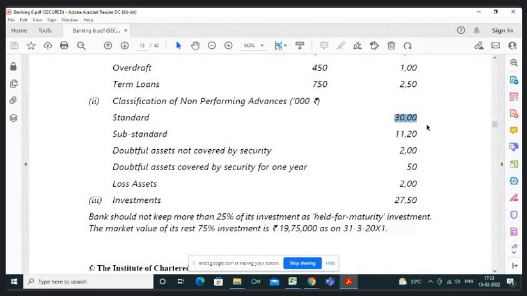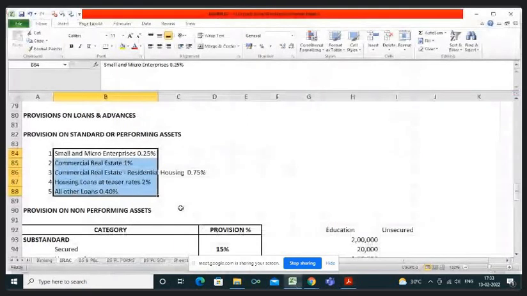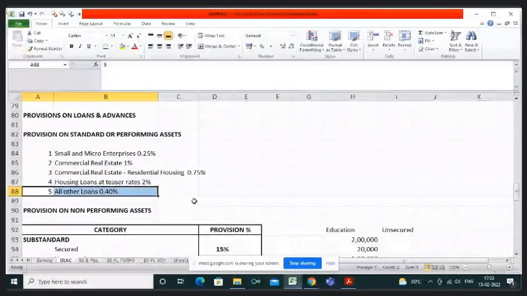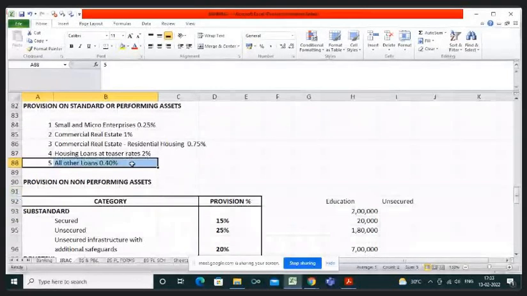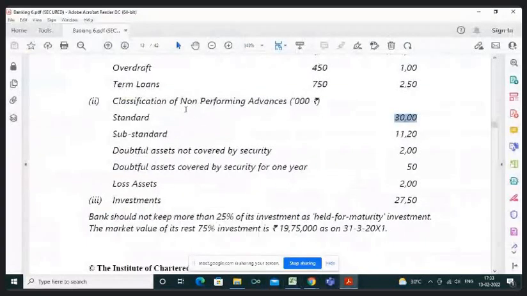So we have to give one working note saying we assumed all standard assets to be other advances. So other advances means we can have one particular provision percentage. What is that percentage? 0.40. We will apply this percentage. So provisioning on standard assets is over.